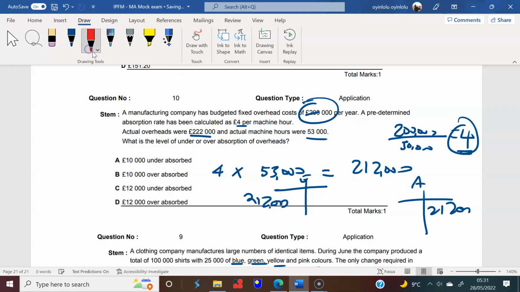You now find out, oh, wait a minute, actual overheads are actually 222. So we haven't put in enough. We need to put in an extra 10 to top it up. So technically, at this point, you have underabsorbed by 10,000. Right, great stuff. And that's 6 to 10.